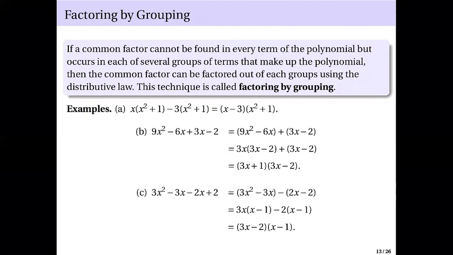So at this point, we have factoring by common monomial. We have the formulas coming from the special products: difference of two squares, difference of two cubes, sum of two cubes. And then we also have the perfect square trinomials. So those are with the formulas.